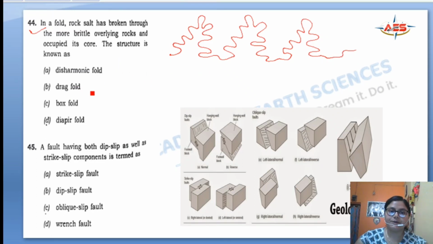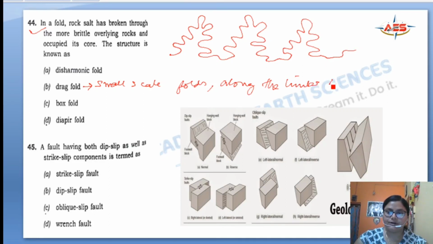Now in the case of a drag fold, they generally are small scale folds that are present along the limbs of larger folds.